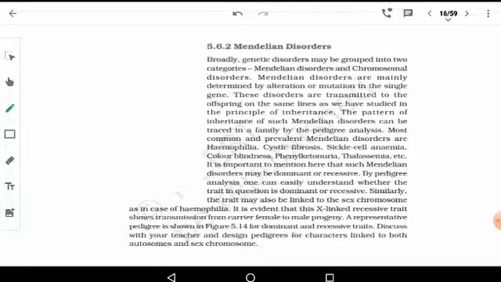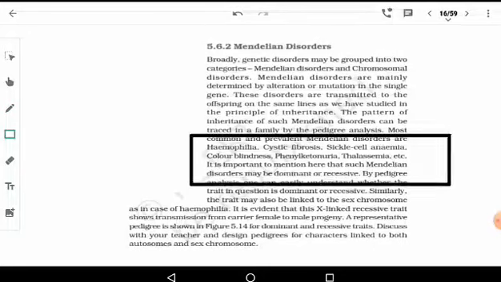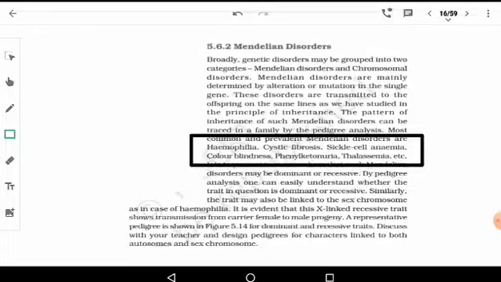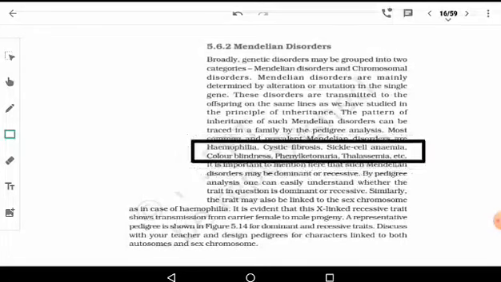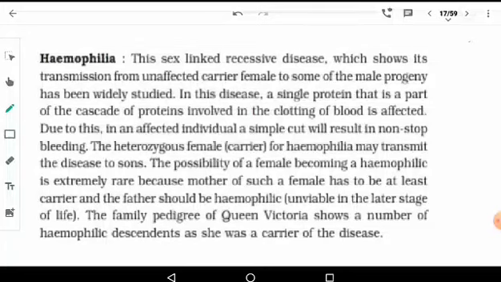The examples are mentioned over here: hemophilia, cystic fibrosis, sickle cell anemia, color blindness, phenylketonuria, thalassemia. These are following the inheritance pattern that is seen in the case of Mendel's crosses. Now let us look at these diseases one by one.